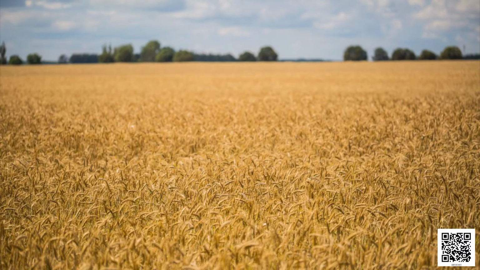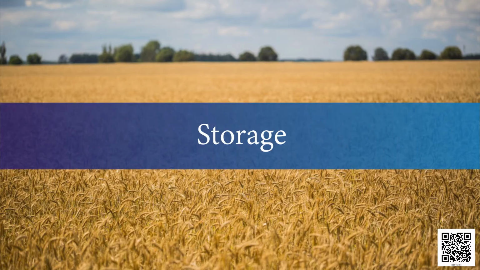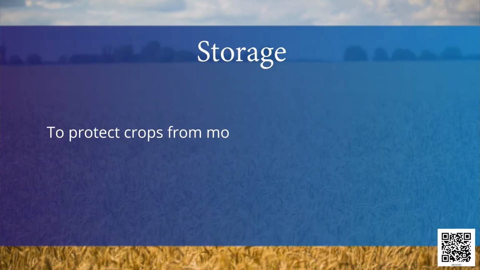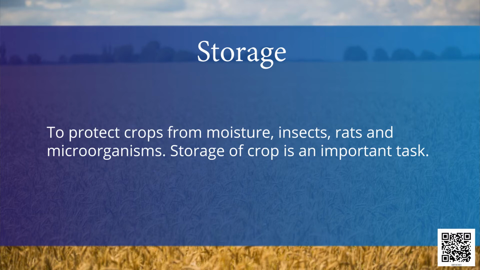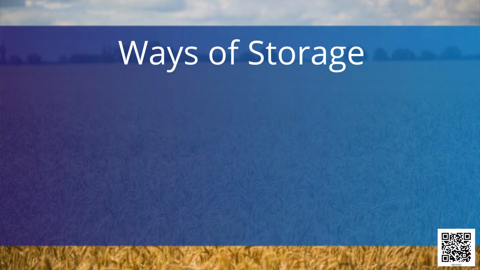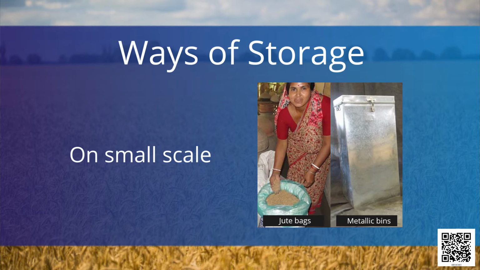After harvesting, next step is storage of crop. To protect crop from moisture, insects, rats and microorganisms, storage of crop is an important task. Now, we shall know the ways to do the storage. If it has to be done at small scale, as done by small farmers, grains are stored in jute bags and metallic bins.